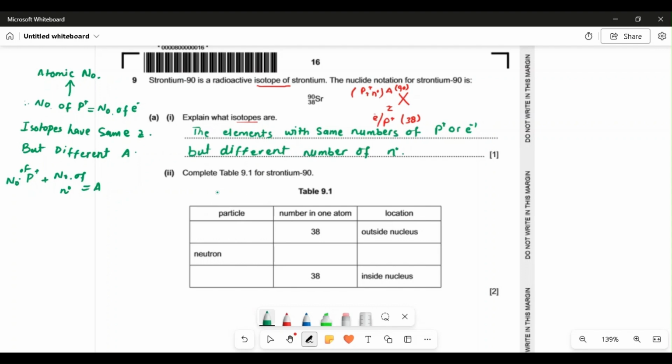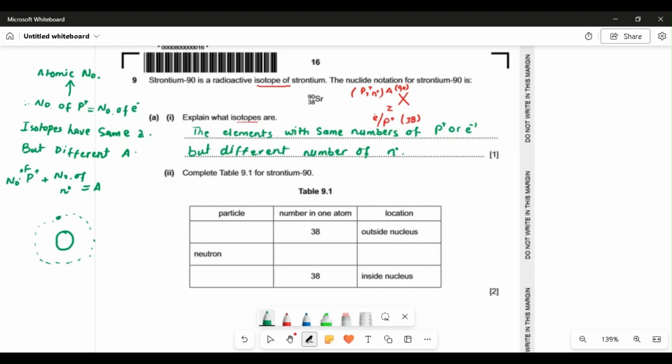Here comes the table in part 2. Complete table 9.1 for strontium-90. We know that an atom has two basic parts, the nucleus and the surrounding space.